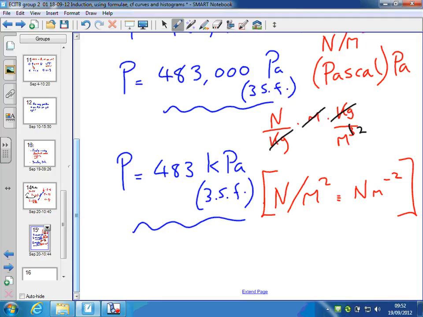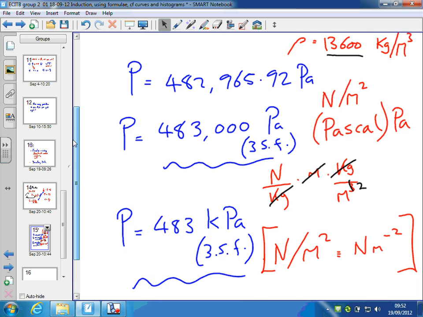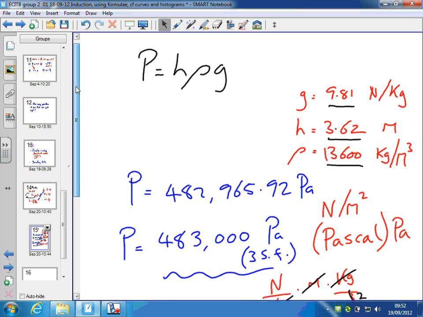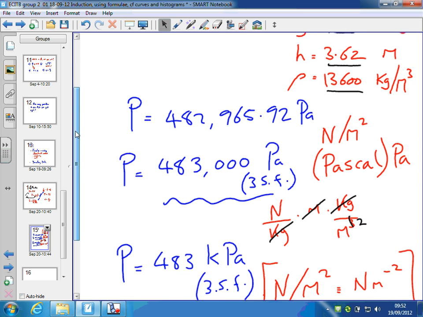I'll summarize all this with a note. So, using formulae, not quite as straightforward. There are a few rules you need to remember, and these are them. Think about the units. Are they consistent? If they are consistent, then you can plug the numbers into your calculator.